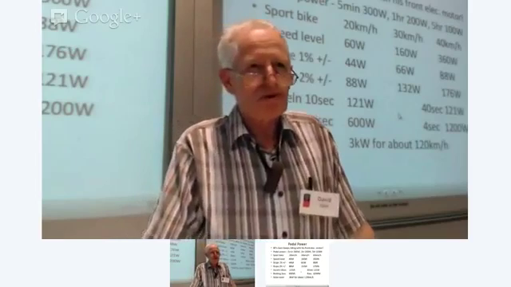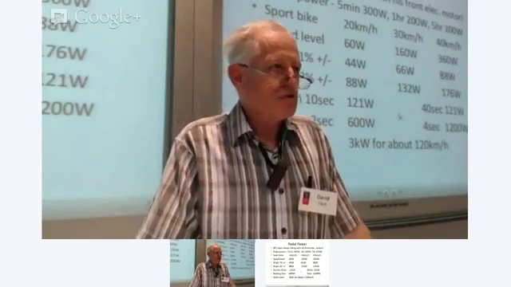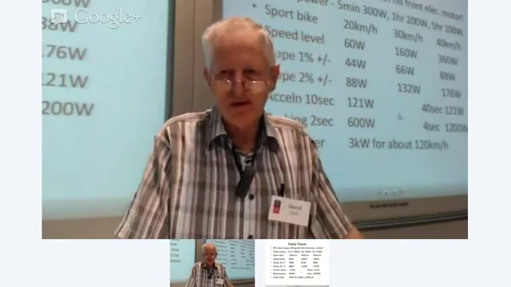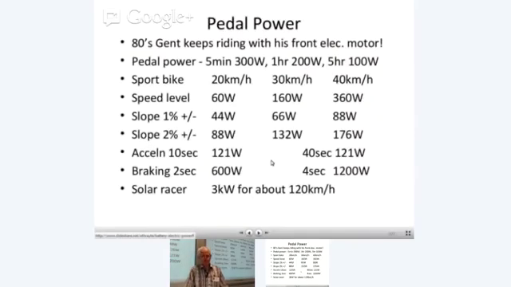But this is for long-term type data. For about 5 minutes, for an average, reasonably fit male, but not super fit, not an athlete type of thing, 300 watts for about 5 minutes is what you expect an ordinary person to do. 1 hour, about 200 watts, and 5 hours, about 100 watts. So those are continuous ratings there.